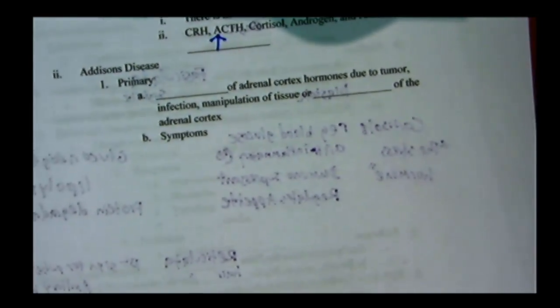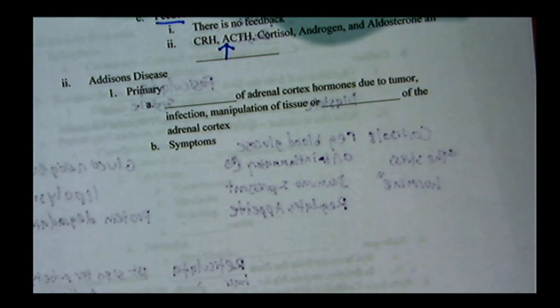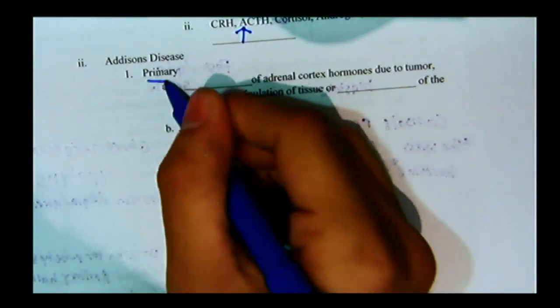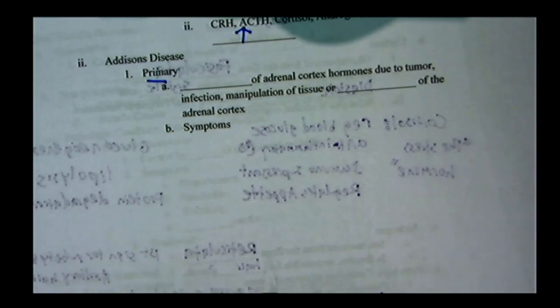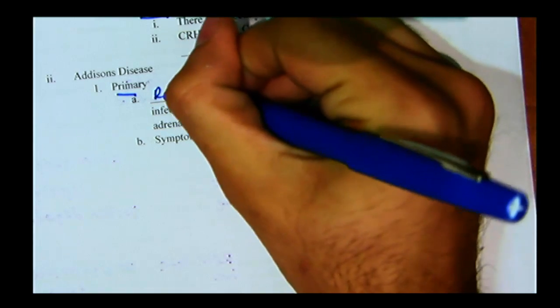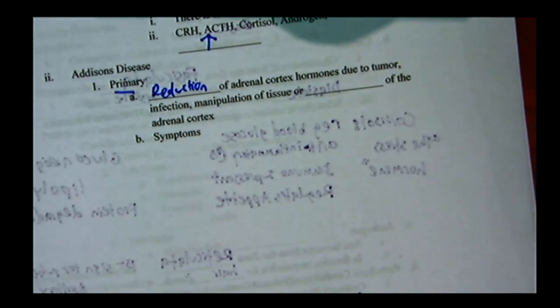Due to tumor, infection, manipulation, or what of the adrenal cortex? Destruction or removal. So if a bad doctor removes the adrenal cortex, that's what will happen. You'll get Addison's. Okay, so symptoms, we're going to do the same thing we did before.